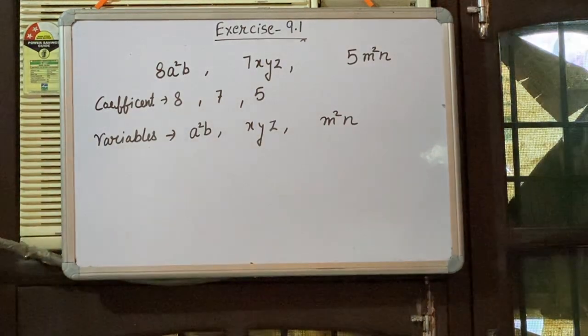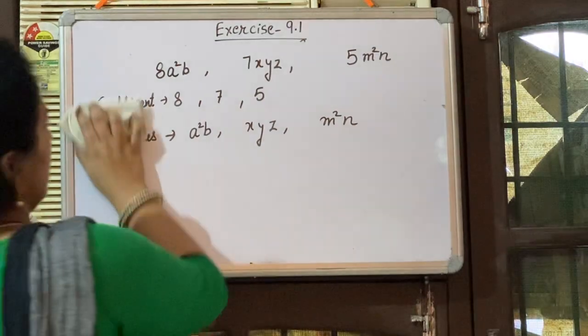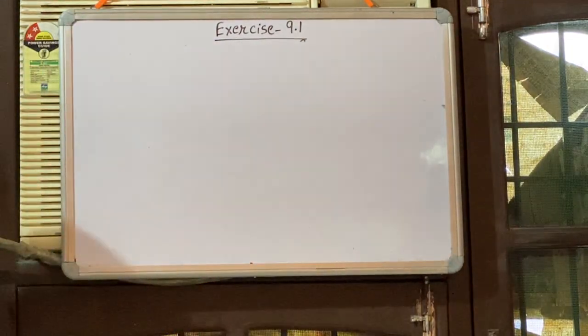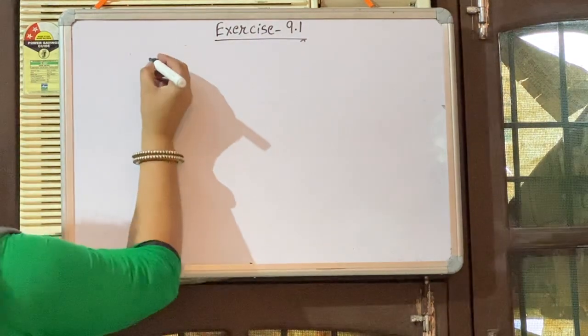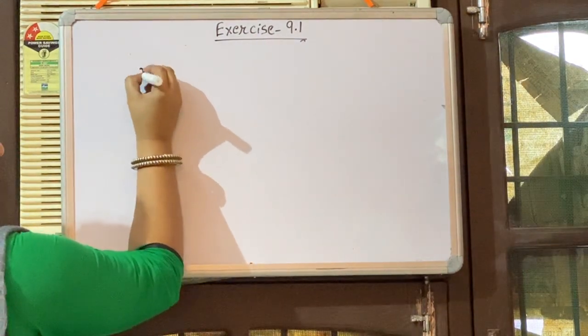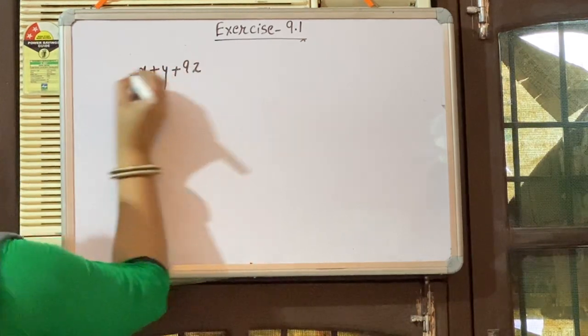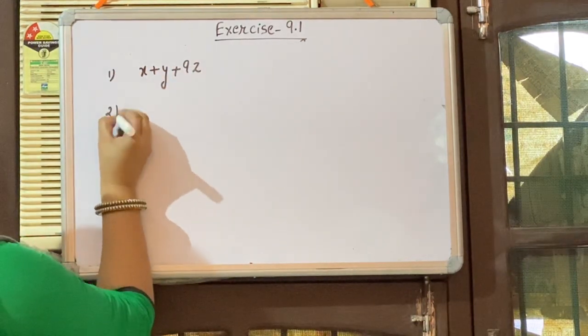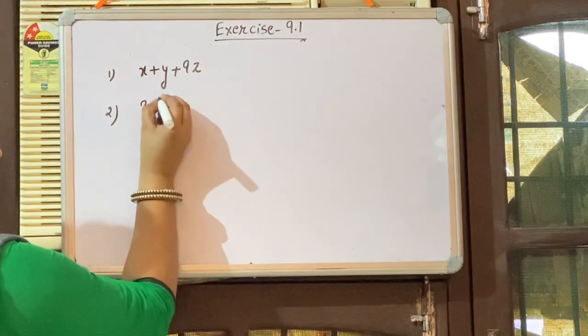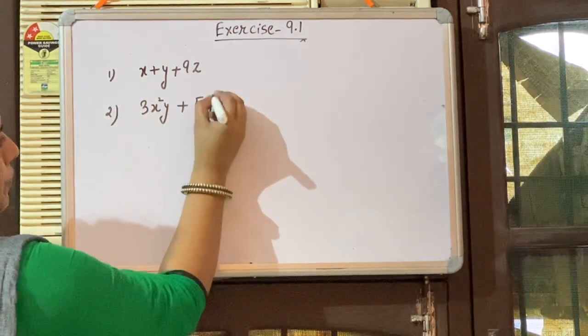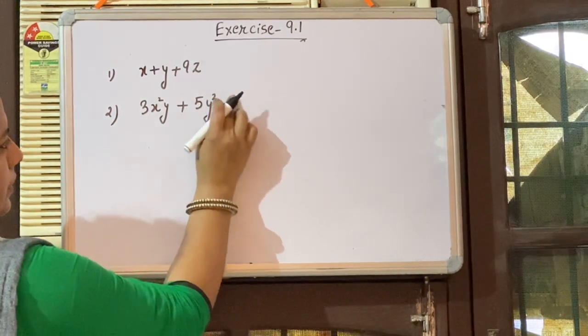Next is classify the algebraic expressions into monomial, binomial and trinomial. 3x square y plus y 5y square.